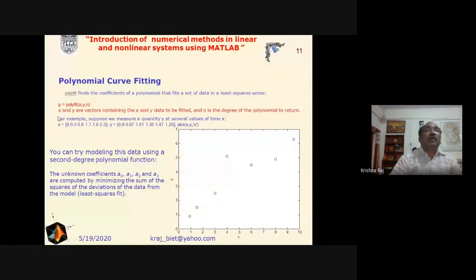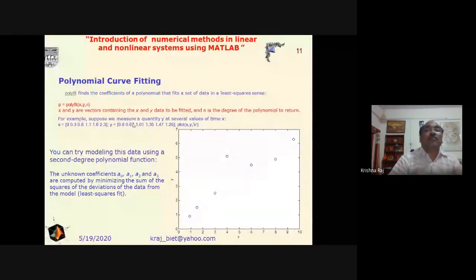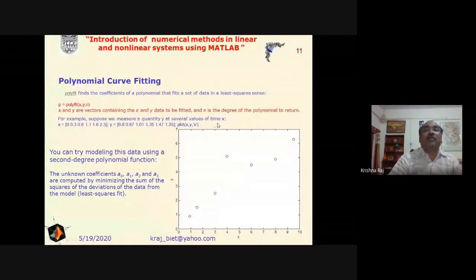So if we write here the polynomial, that is polyfit, describe here the x and y, and n, how many values of n have to be considered here. For example, suppose we measure a quantity at several values of the time x, x will be this one, y will be this one, and plot x comma y with this marker here.